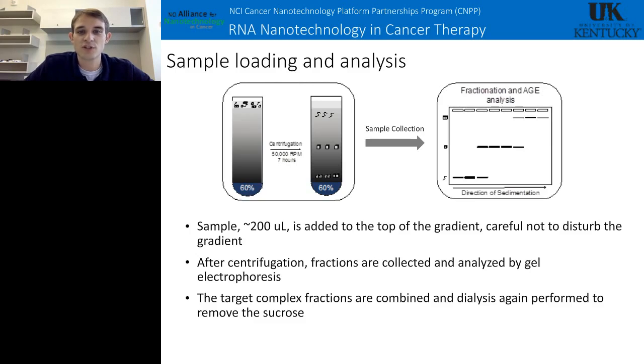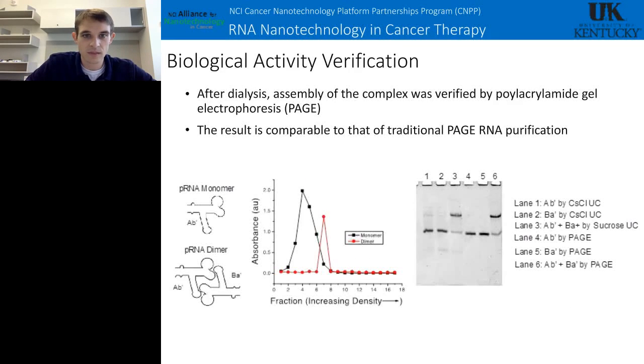So basically you run a gel, and from that gel determine which fractions you're going to collect. And then as far as fraction collection goes, it's the same process as the cesium chloride. You can do dialysis, or you could even do an ethanol precipitation step to remove most, if not all, of your sucrose solution.